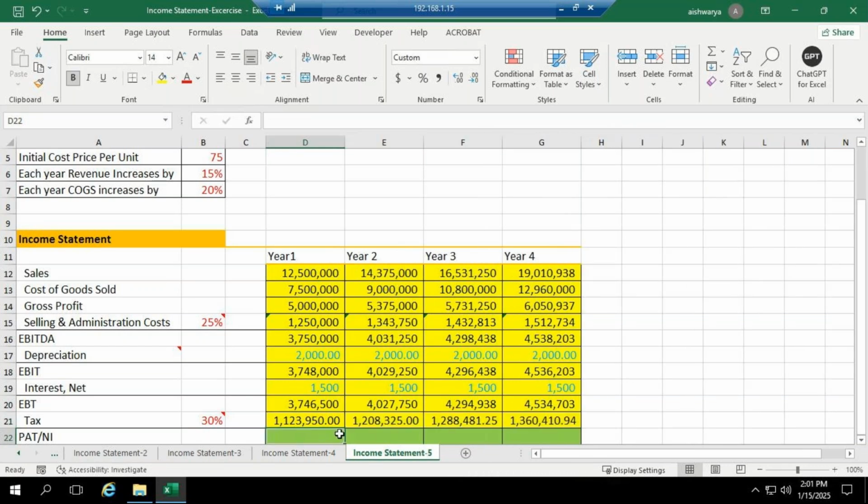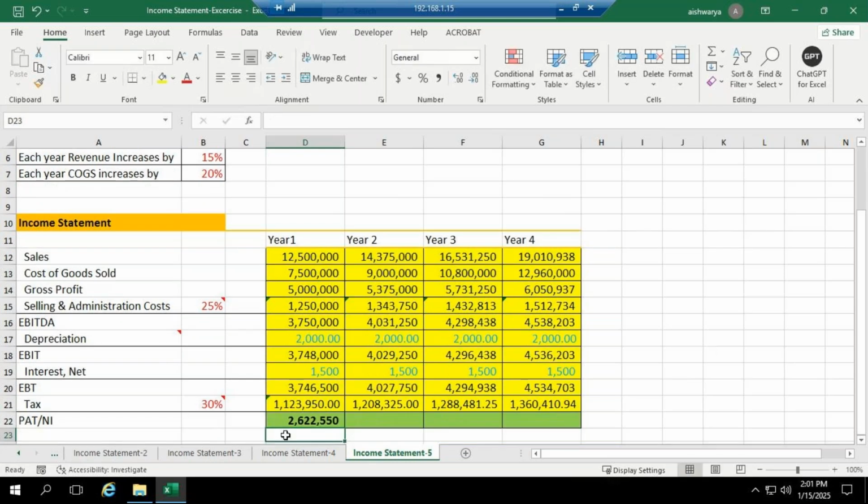Now the profit after tax, or the net income, is equal to this value EBT minus tax value, and then press enter. So this is the actual profit we got in year 1, year 2, year 3 and year 4.